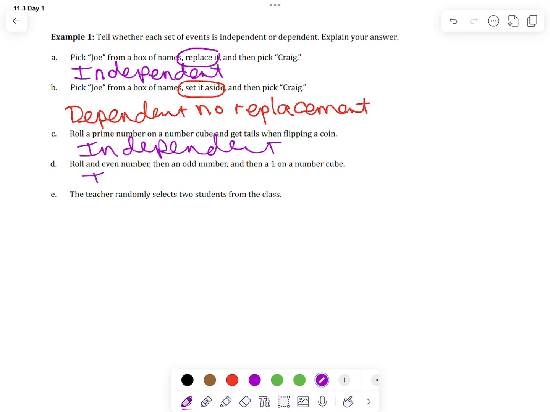Again, rolling a die is independent. A teacher randomly selects 2 students from a class. This is considered dependent because the teacher selected 2 students, and once you select someone, the group's amount for the second student is now less.